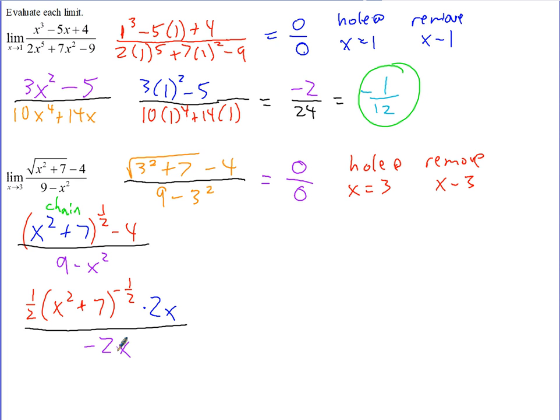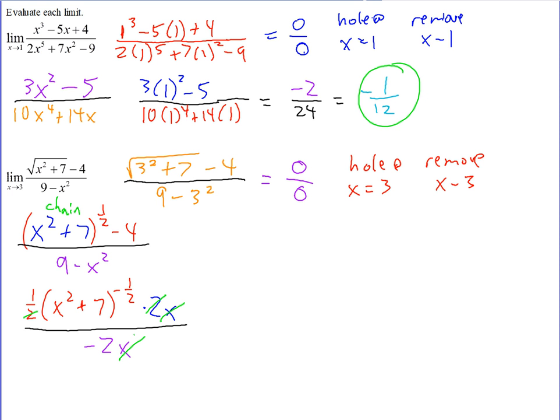And then you could substitute in the 3 right now, but sometimes there's some simplifying you can do that makes it a little easier before you substitute in what x is approaching. So there's different ways to simplify this, actually. This 2 and this 2 can reduce out, or you could reduce this 2 with this 2. Either way is fine. I'm just going to reduce these two so we don't have this little fraction to worry about. And then notice the x's reduce out as well.